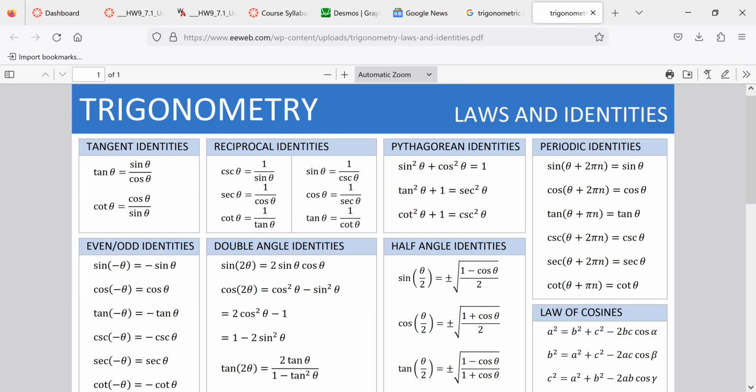It was the secant one, right? Right here. Secant of 2 pi plus u is secant. Do you see why though? Why this is secant?